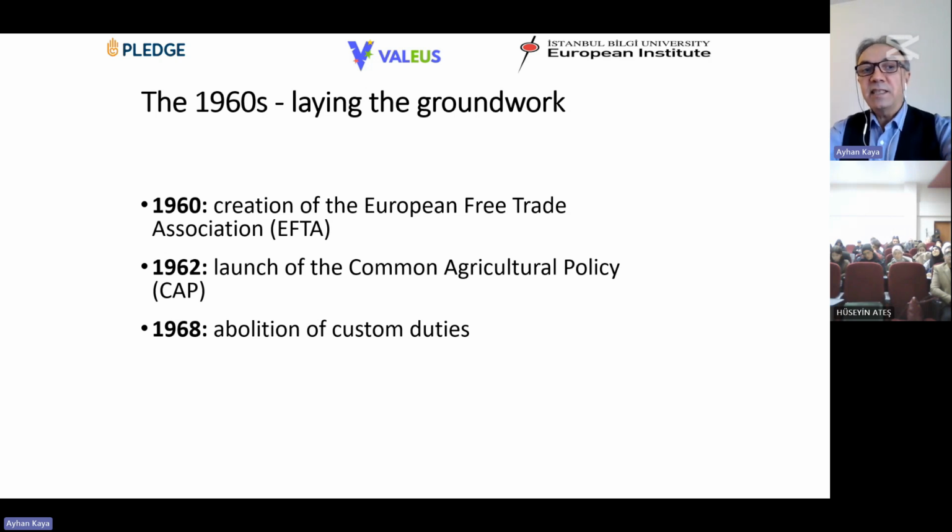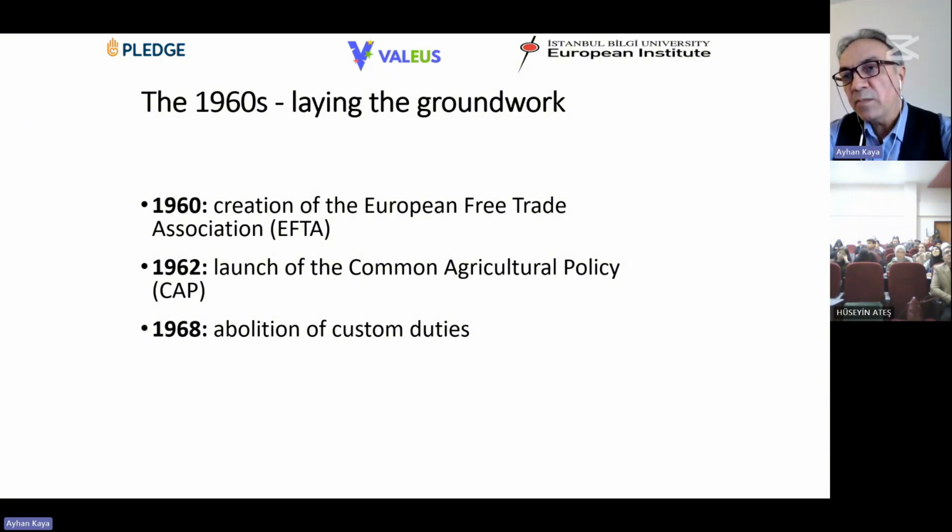And in 1962, with the intervention of France, which is a net winner of the construction of the Common Agricultural Policy, the CAP, Common Agricultural Policy, was introduced in 1962. In 1968, they abolished all the customs duties.